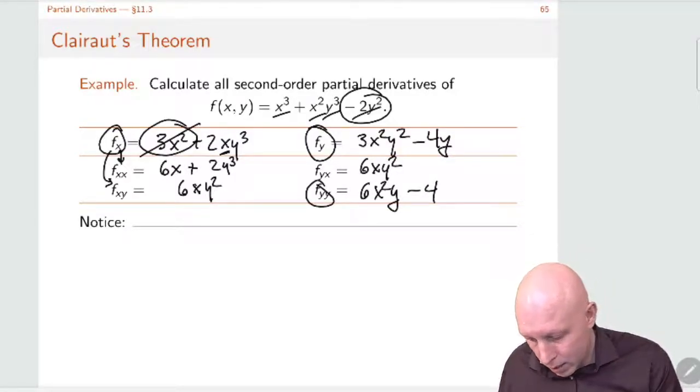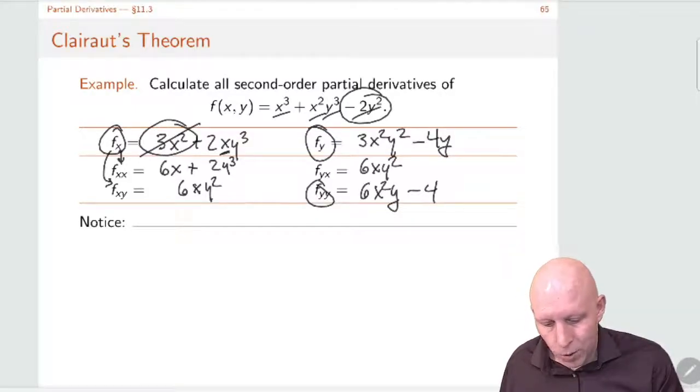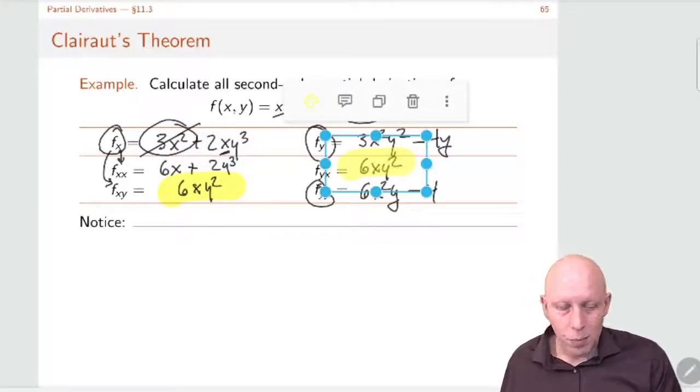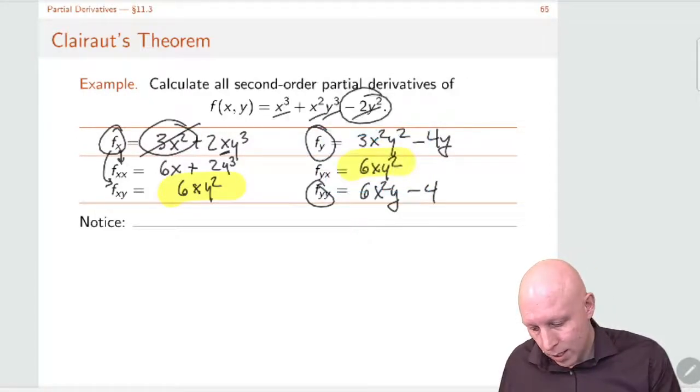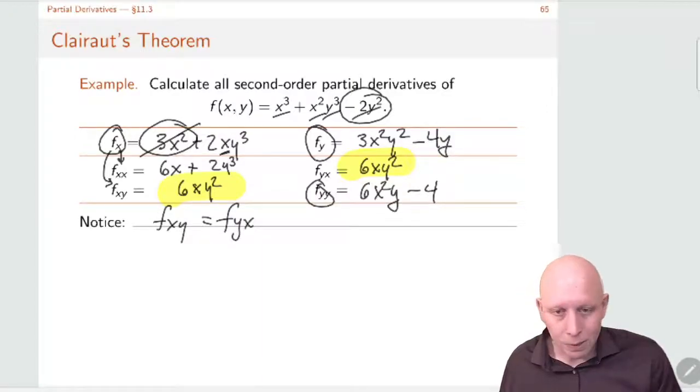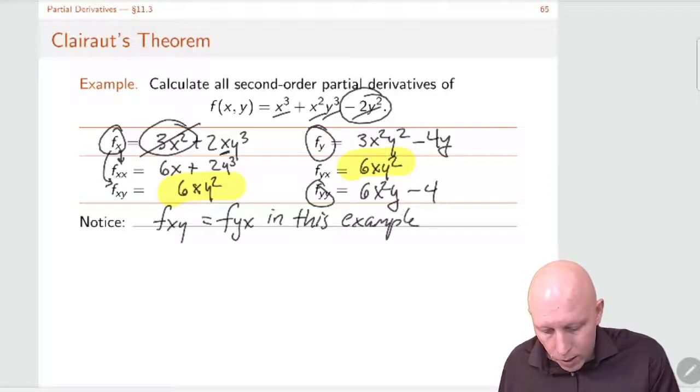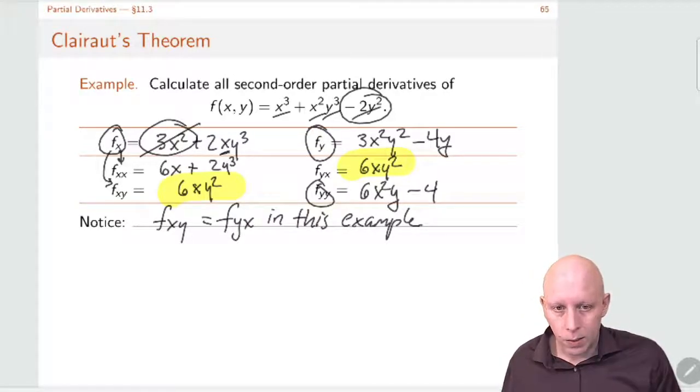All right, so what do we notice here? Well, one thing that we notice is that 6xy squared appears twice. And so what we've noticed is that f sub xy seems to be equal to f sub yx in this example. All right, and that's not a coincidence.